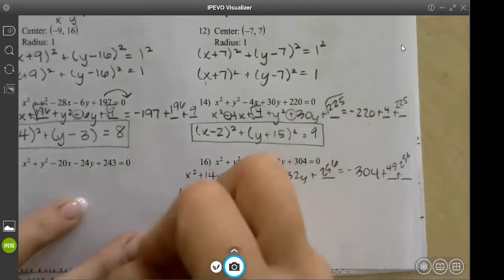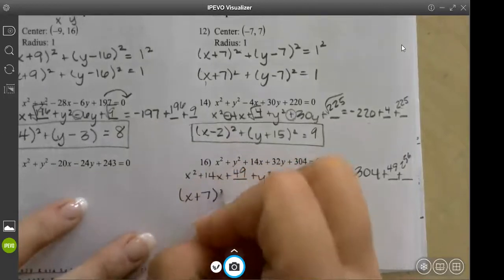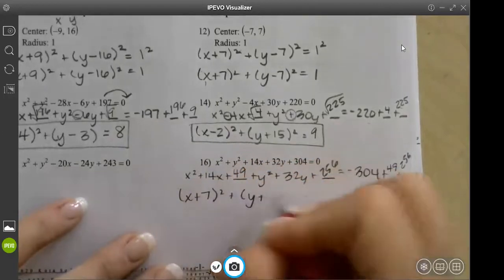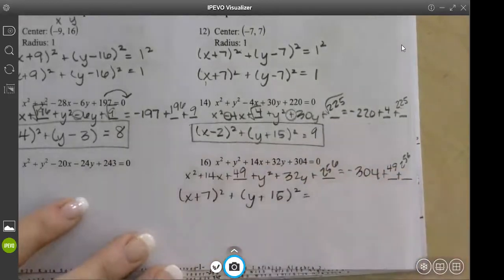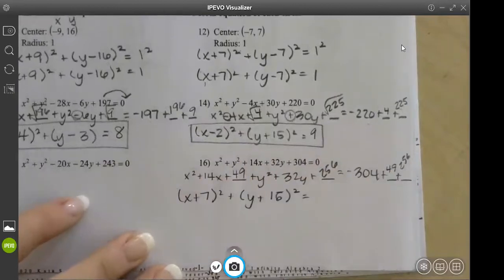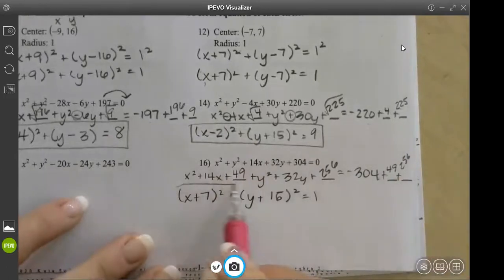All right. Rewrite x plus 7 squared plus y plus 16 squared. Negative 304 plus 49 plus 256 is 1.